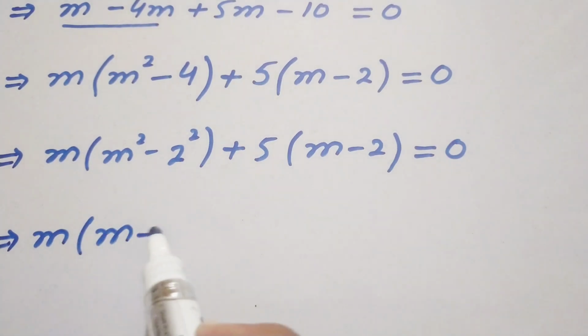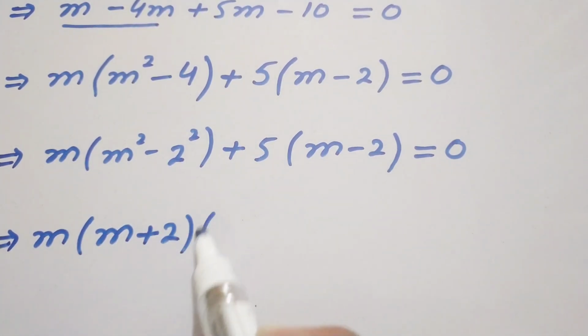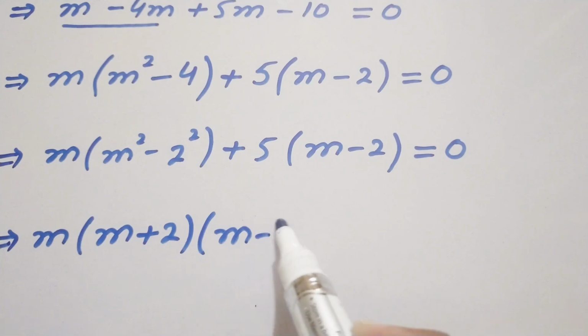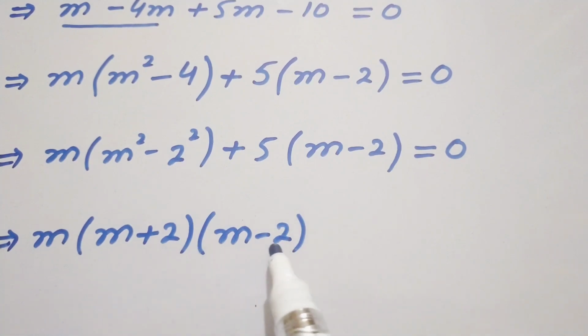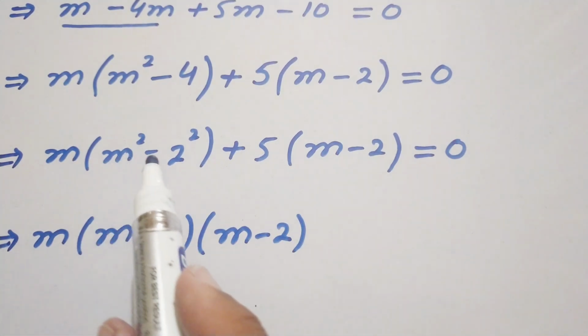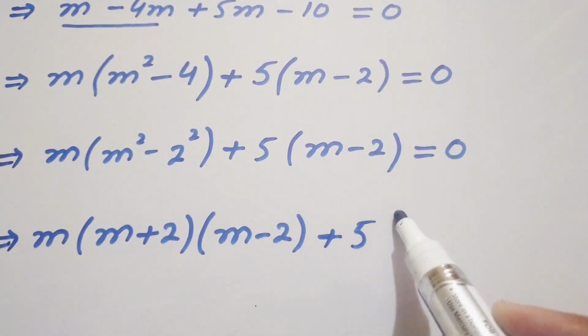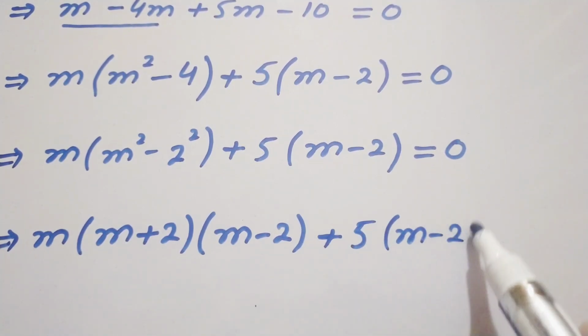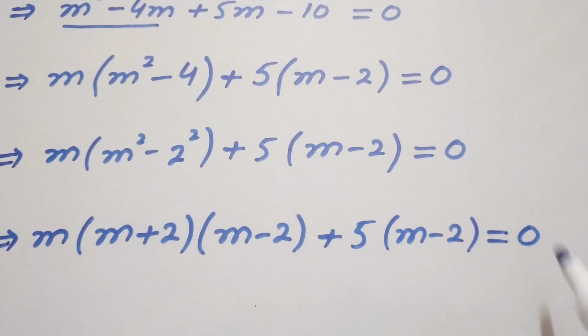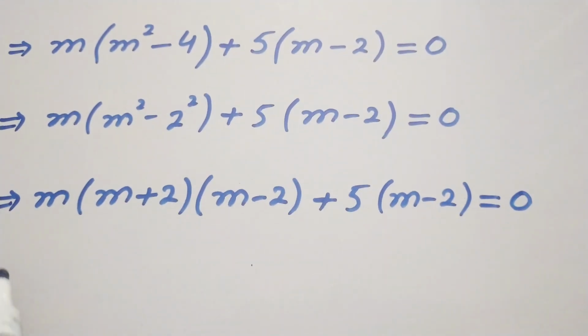So (m plus 2) into (m minus 2) is equal to m square minus 2 square, plus 5 into (m minus 2) is equal to 0. Now there is a common factor which is m minus 2.